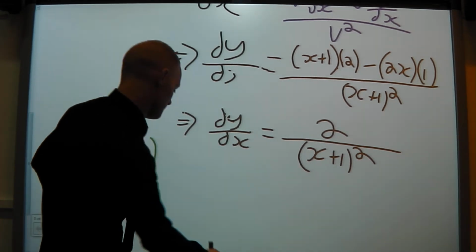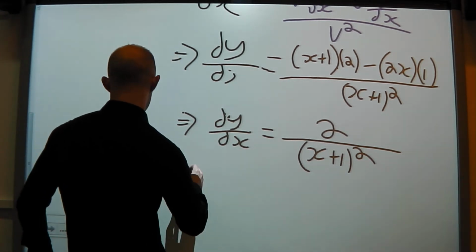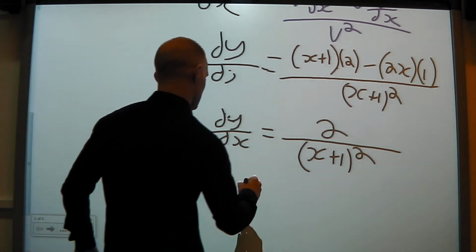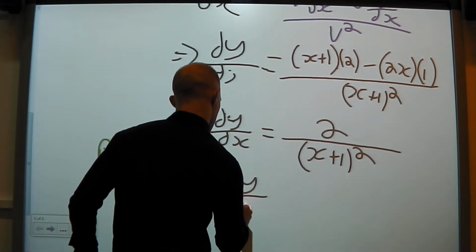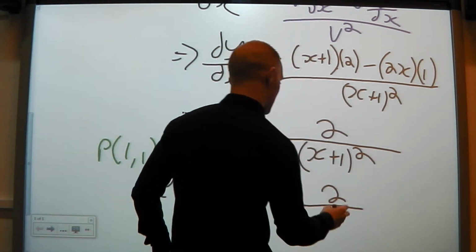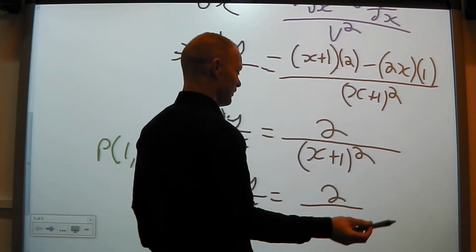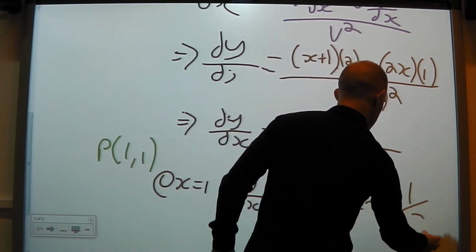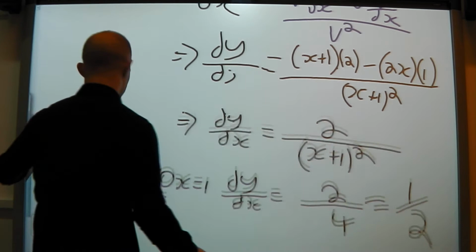So at x equal to 1, our slope is equal to 2 all over 1 plus 1 all squared, which is 2 over 4, which is a half, which is sounding right to me so far.